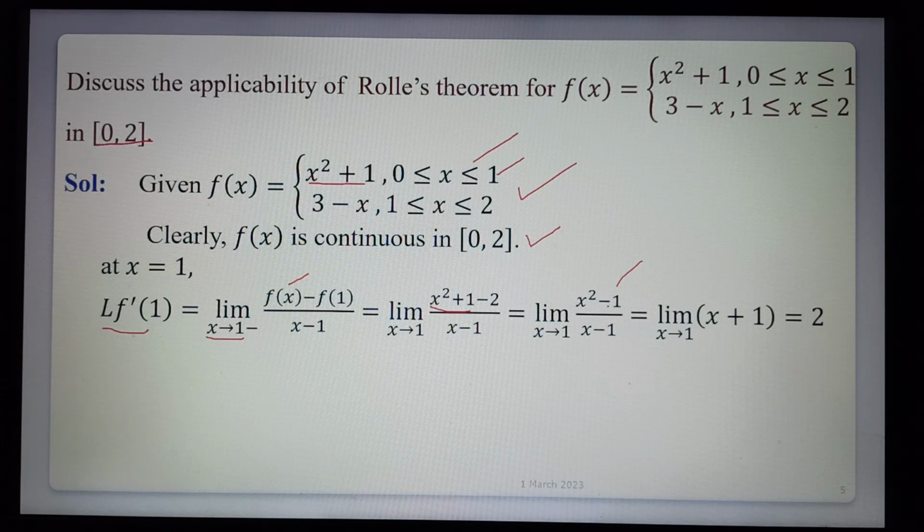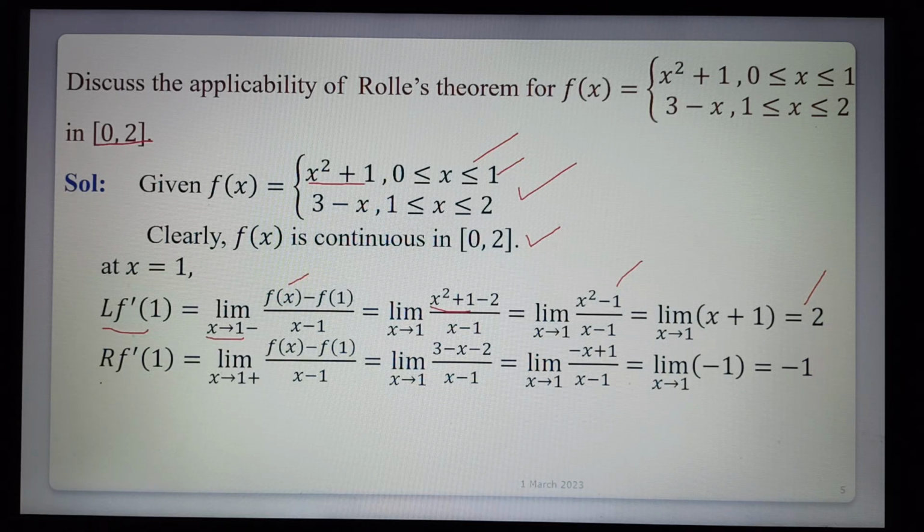So this is the limit of (x^2 - 1)/(x - 1). Here x^2 - 1 = (x+1)(x-1). The x-1 cancels, leaving x+1. So the left derivative is 1 + 1 = 2 at x = 1.